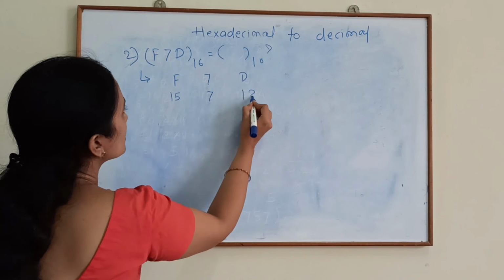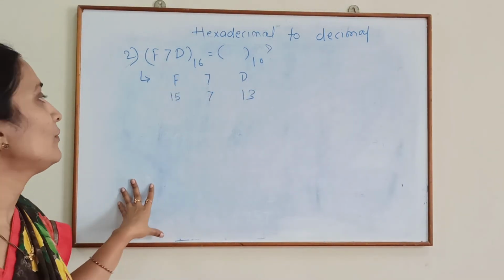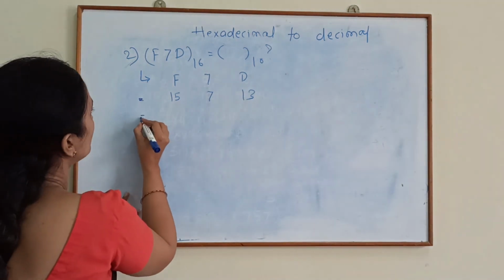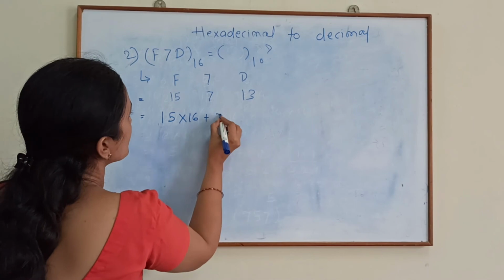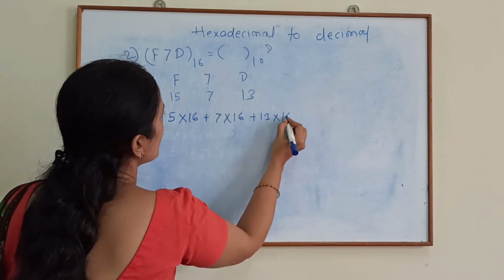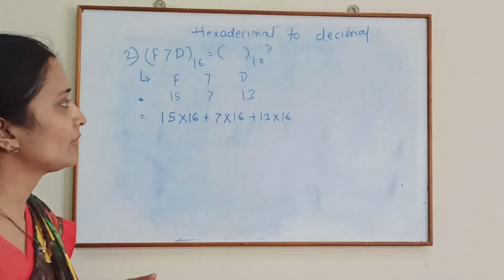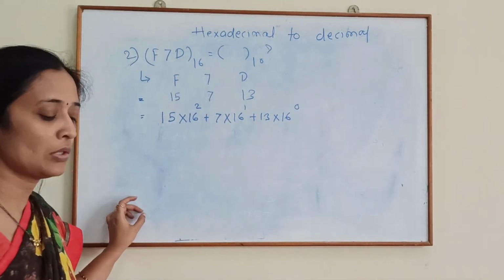D means what? 13. Multiply each and every digit with 16 to the power: 15 into 16 plus 7 into 16 plus 13 into 16. Power of 16 will be from 0 in increasing order.